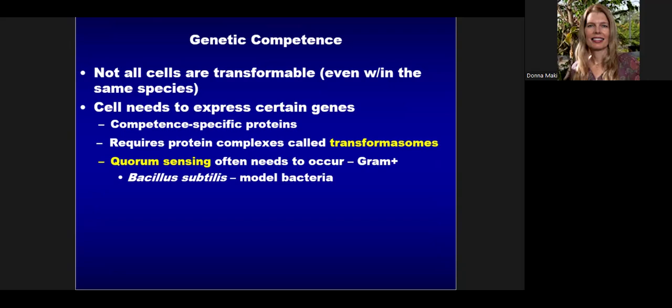They can use quorum sensing to communicate with other nearby cells. They can use quorum sensing to assess population levels around themselves, which can be very, very important. And so we'll talk about quorum sensing when we look at some of the microbial ecology and how microbes end up communicating with each other or with other organisms.